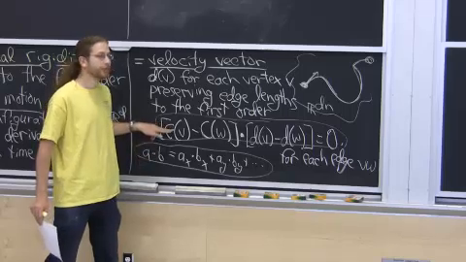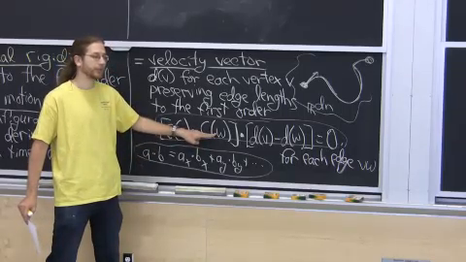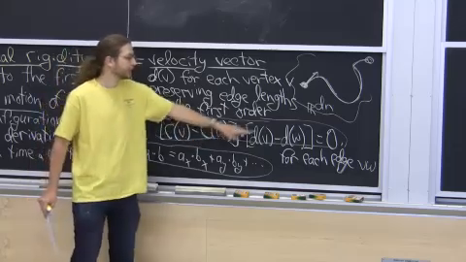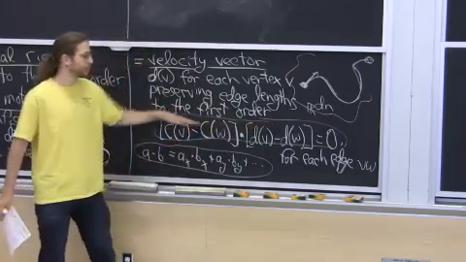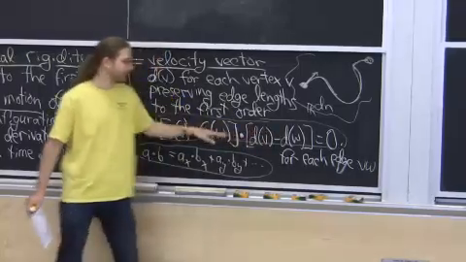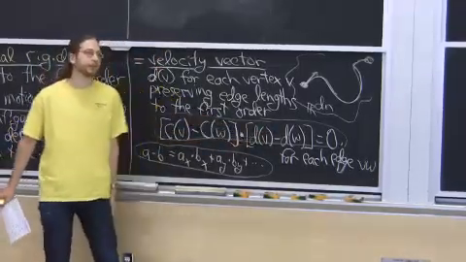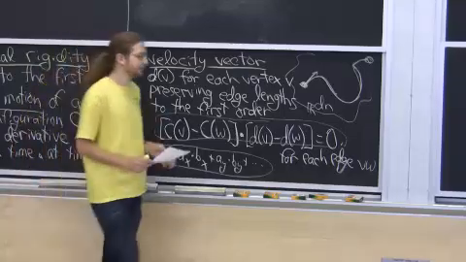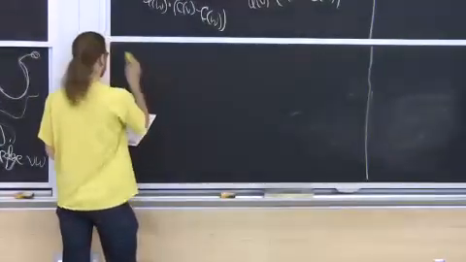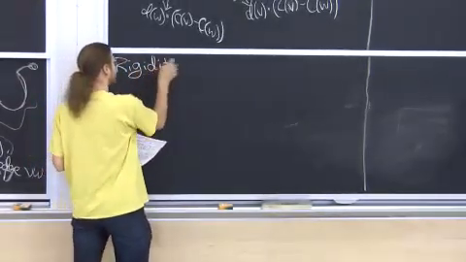But I already know c of v and I know c of w. This is just where these vertices currently are. And I want to know, can I get started moving? So these are my known quantities, and these are my unknown quantities. This is just some linear thing. And the dot product, this is all just constant. I know what they are. So this is a linear equation. The fancy way to write this is as a matrix equation, if you want. So this is the idea of a rigidity matrix.